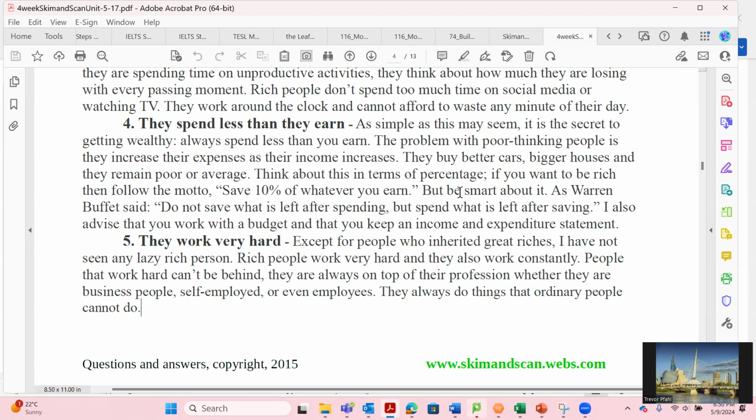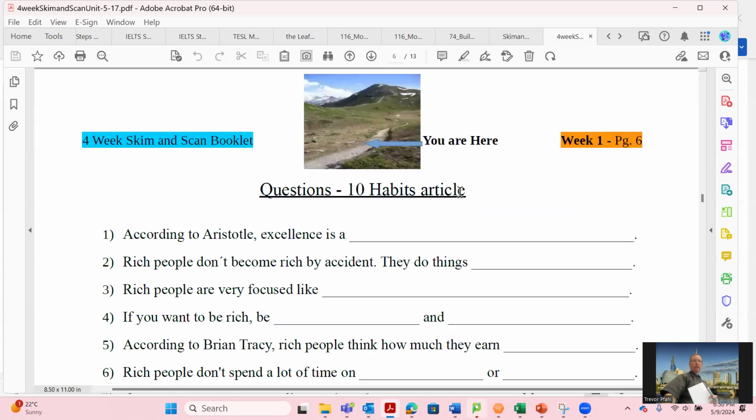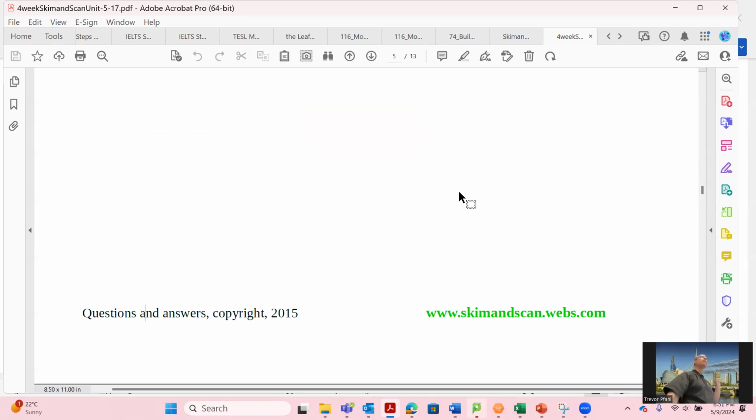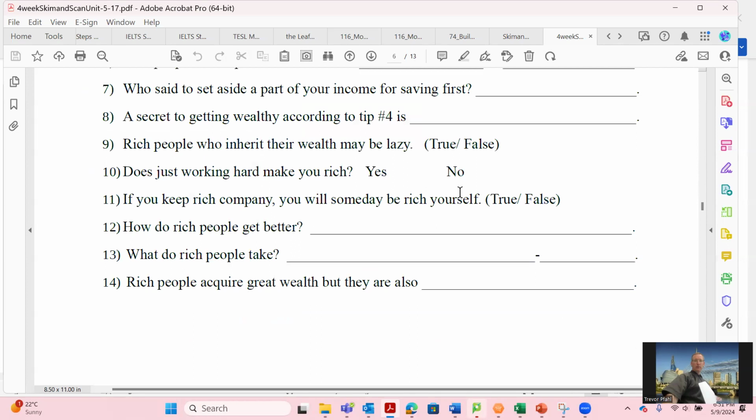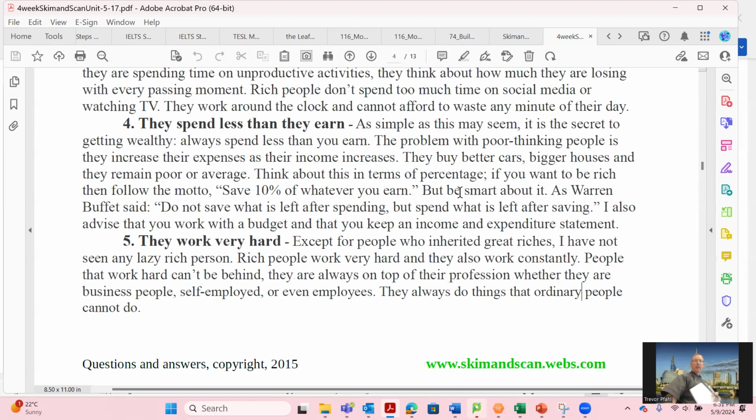That's what's telling me why here I would choose true, except and may. No, the answer is true. Number 9 is true, rich people who inherit their wealth may be lazy. It's based on the wording in this part, except for people who inherit. So I haven't seen any rich people lazy, but there are some who inherit who are lazy. So that's why that answer is true.